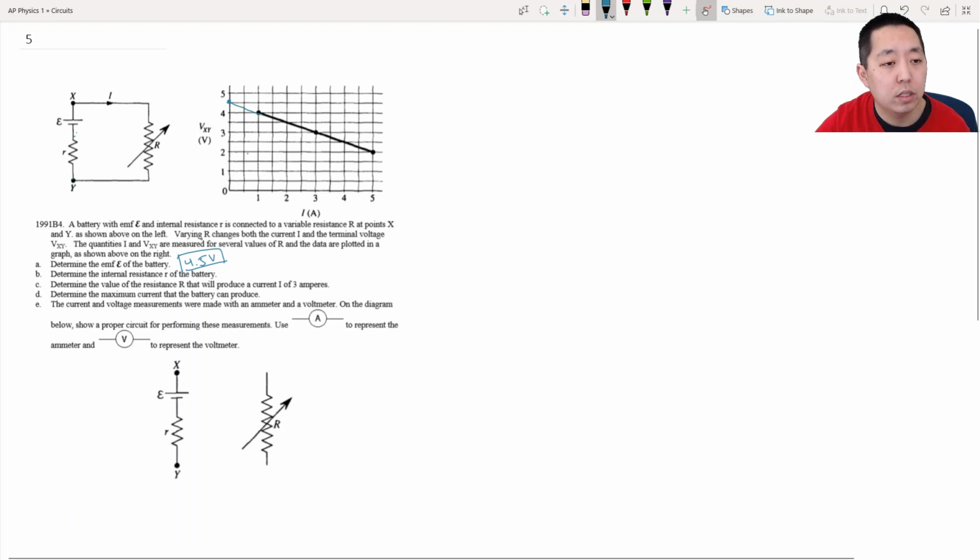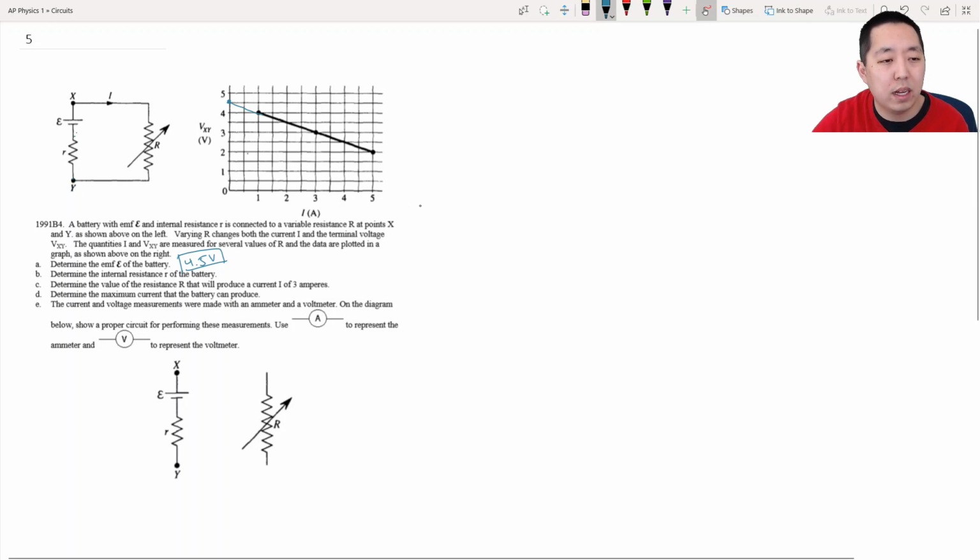Varying R. I need to know what values of R they're using for the currents here, I think. Oh, I see. Because I see the voltage measurements here.